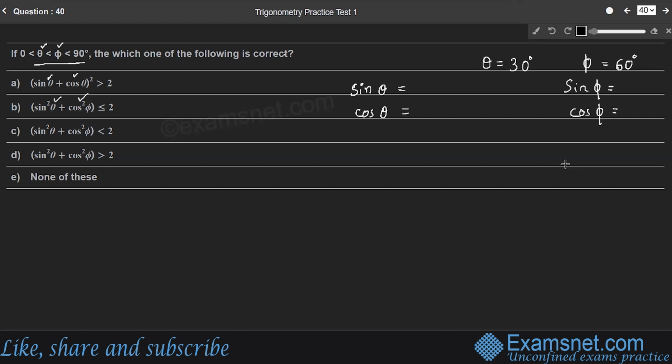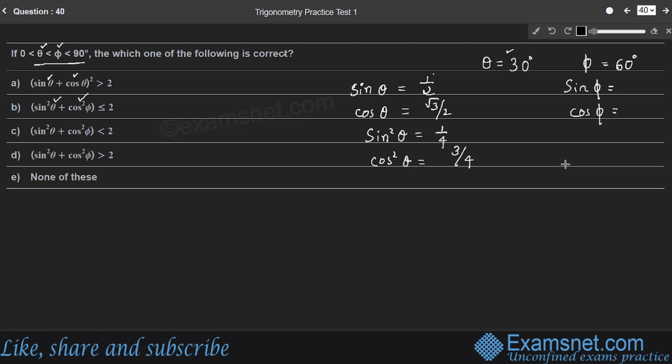Sin theta is sin 30 since theta is 30 degrees. Sin 30 is 1 by 2, whereas cos 30 is root 3 by 2. Sin square theta becomes 1 by 4 and cos square theta becomes root 3 by 2 the whole square, which is 3 by 4.